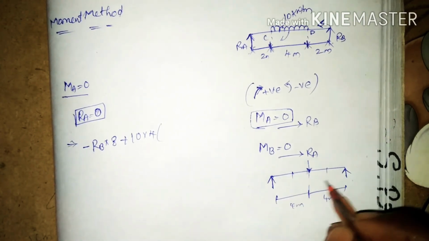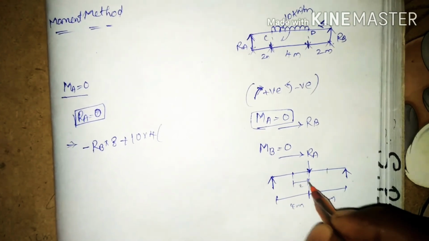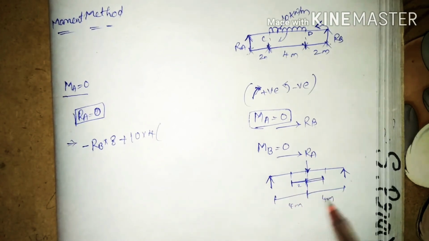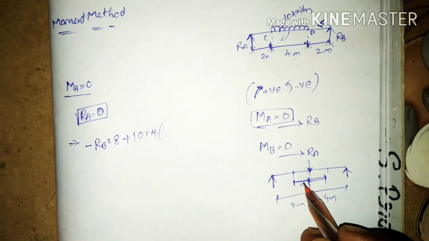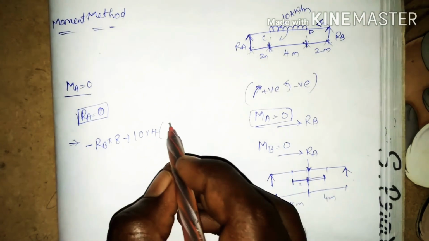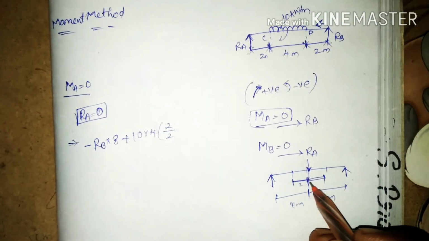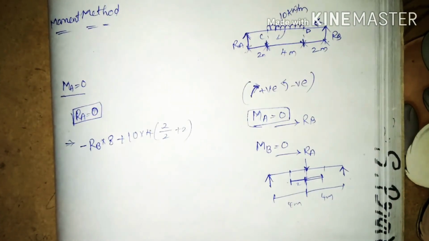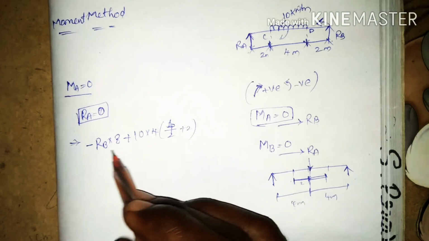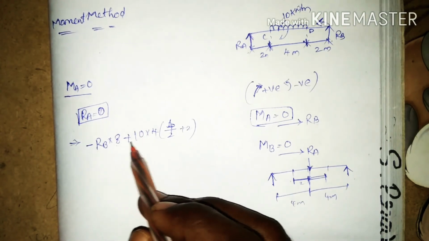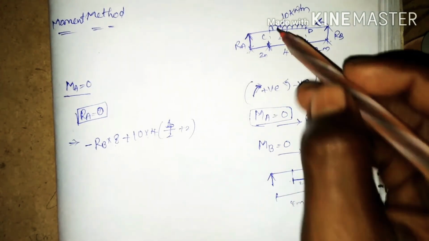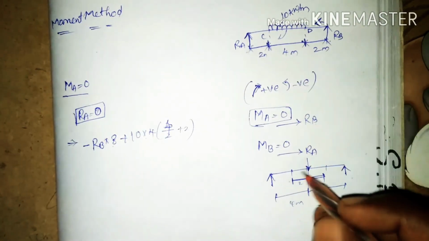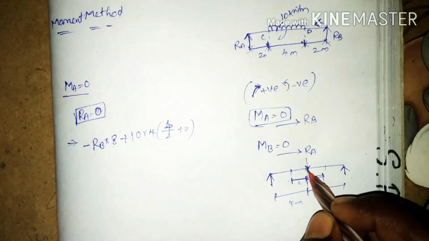Now we have a UDL here; this is 2 meters and this is 2 meters. Up to here we have the UDL, so we take 2 by 2 plus 2. Here, minus RB into 8 plus 10 into 4, where the UDL is converted to a point load acting at the midspan of the beam.